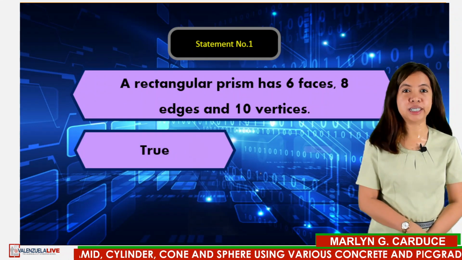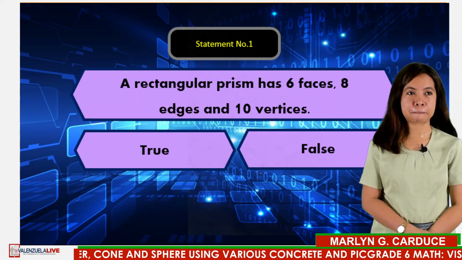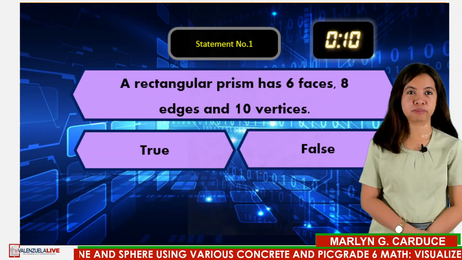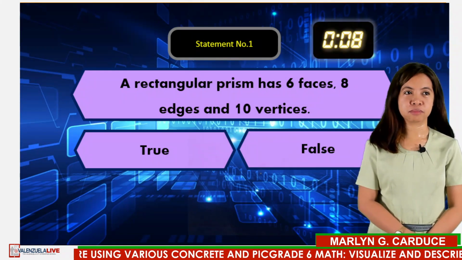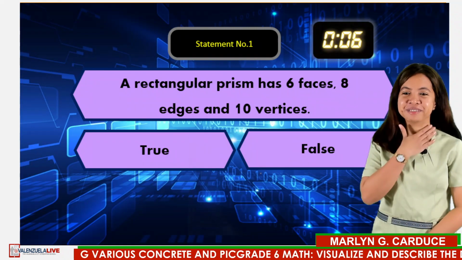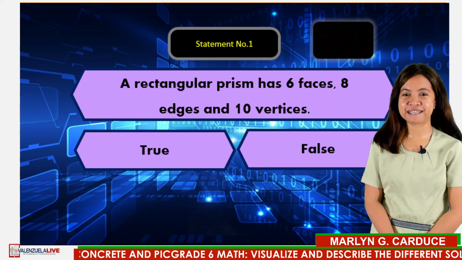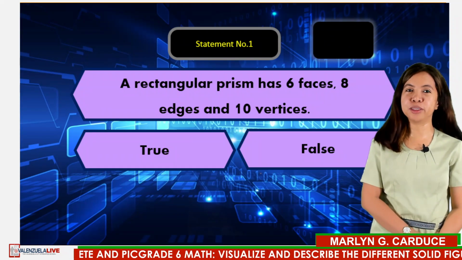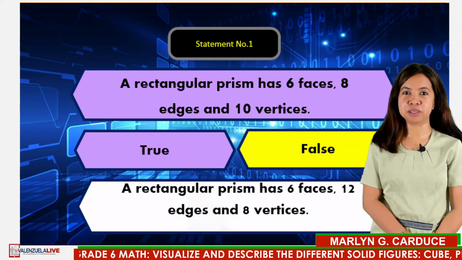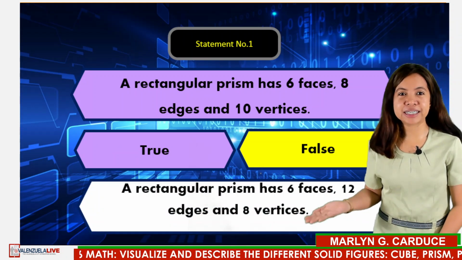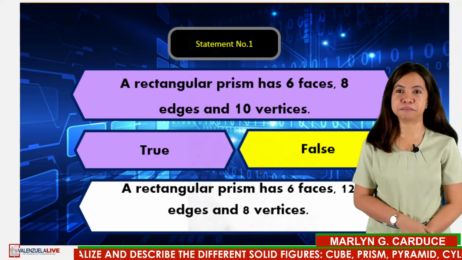Is it true or false? Okay, time's up. The correct answer is false. Because a rectangular prism has 6 faces, 12 edges, and 8 vertices.